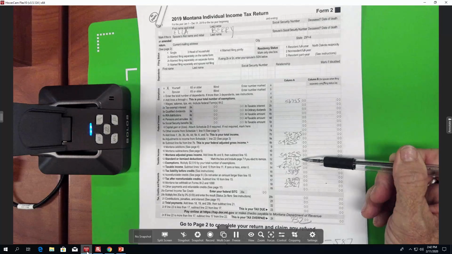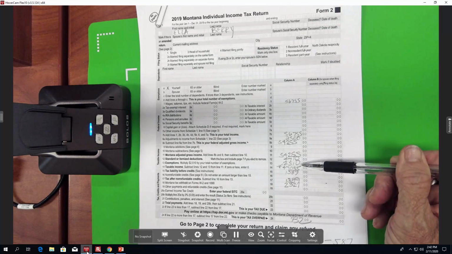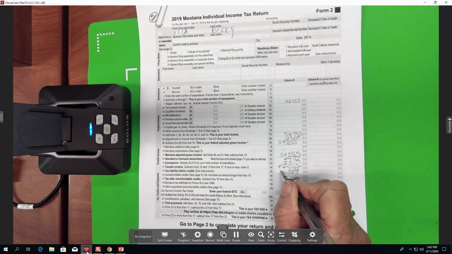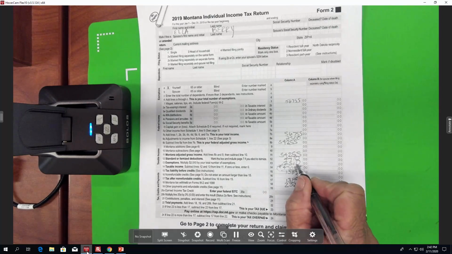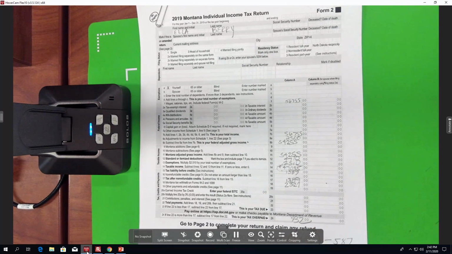Adjusted gross income minus standard deduction minus exemption, TI for Montana, 47,035. I'm going to put up the tax table and make sure you can all calculate the tax. So you should write that number down somewhere. Her TI for Montana was 47,035.